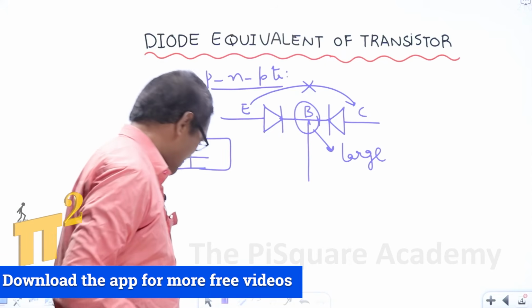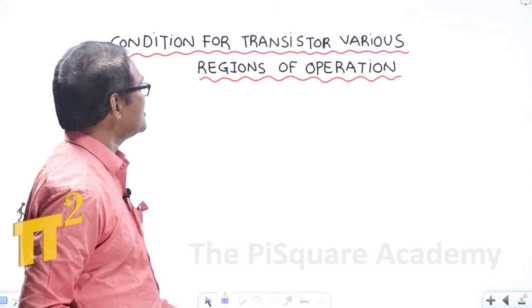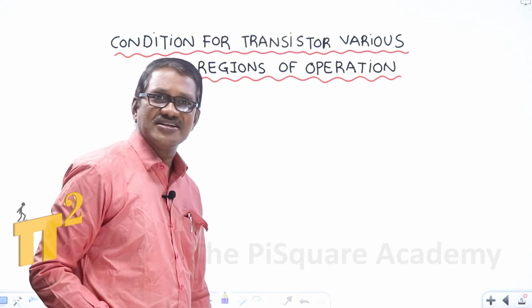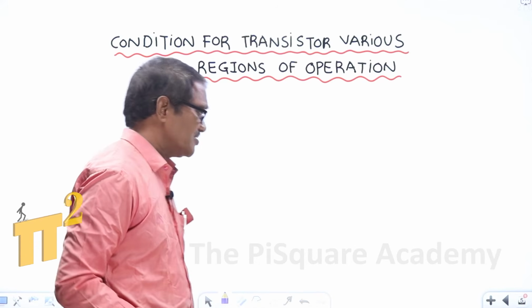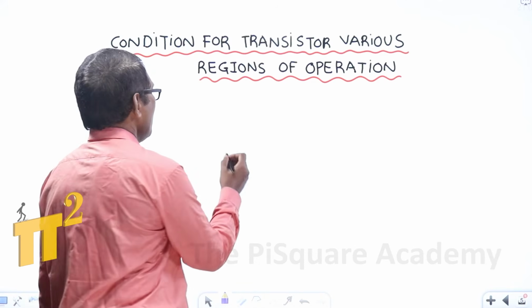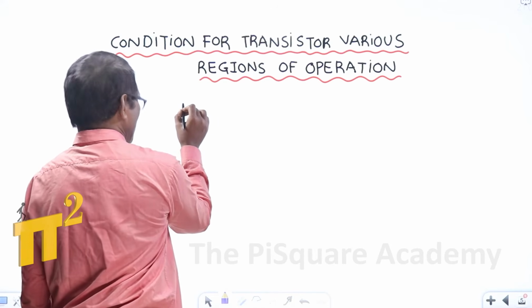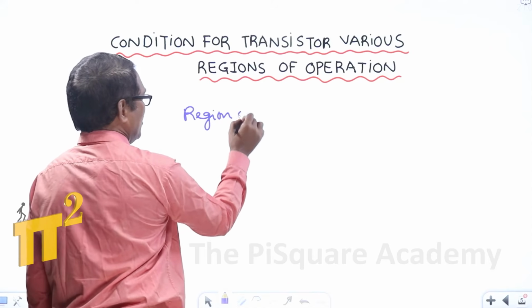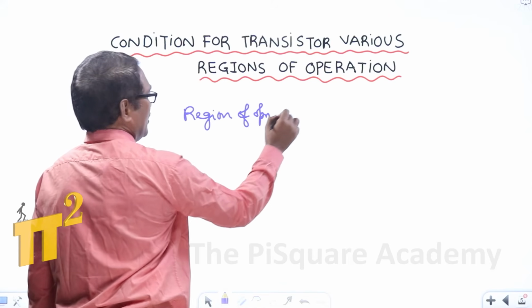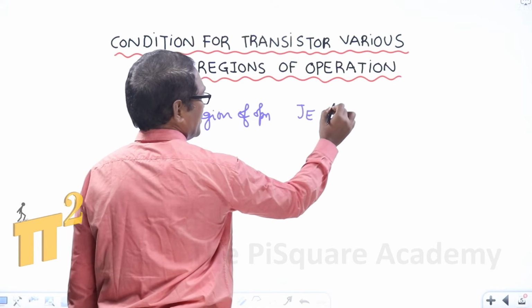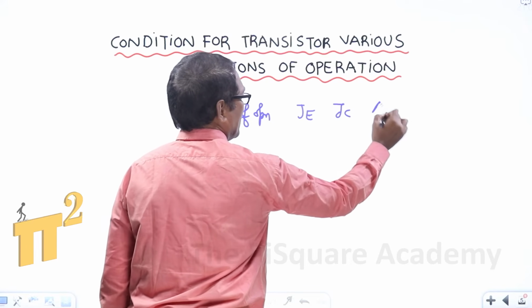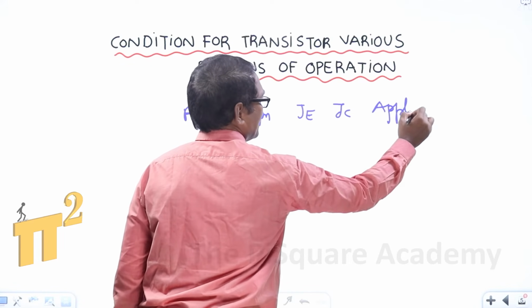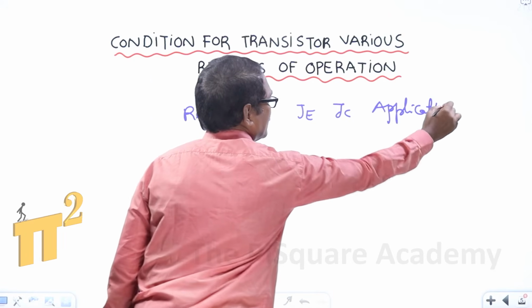Next is the various regions of transistor operation: JE, JC, and application.